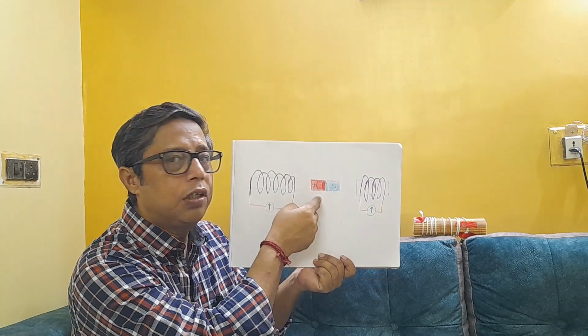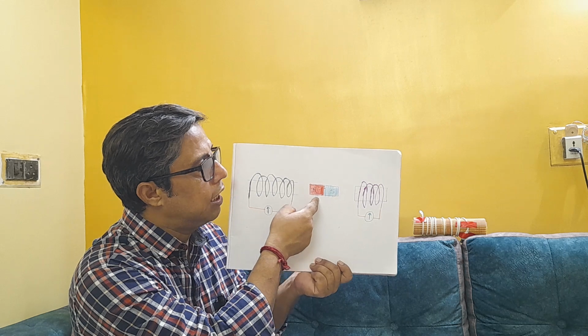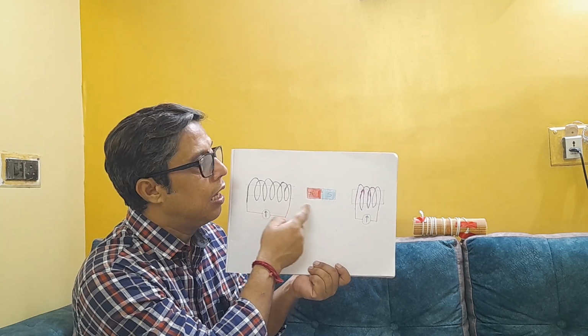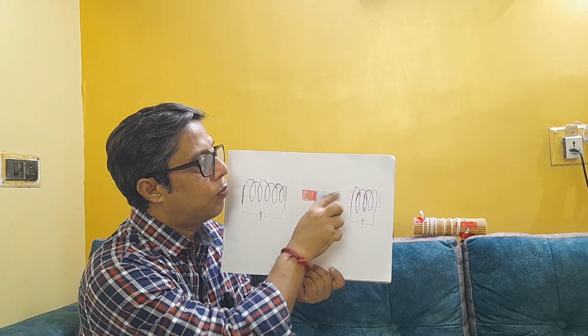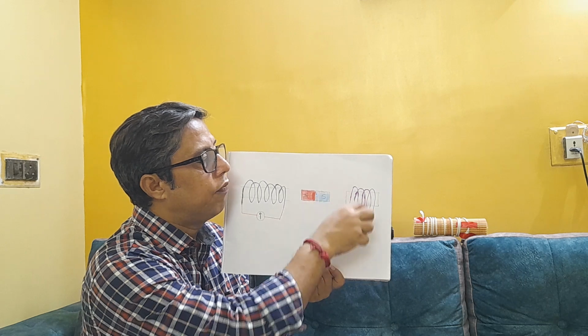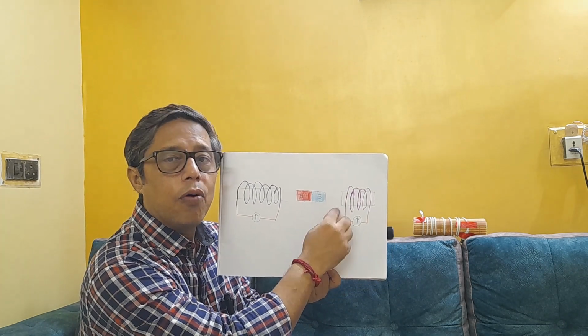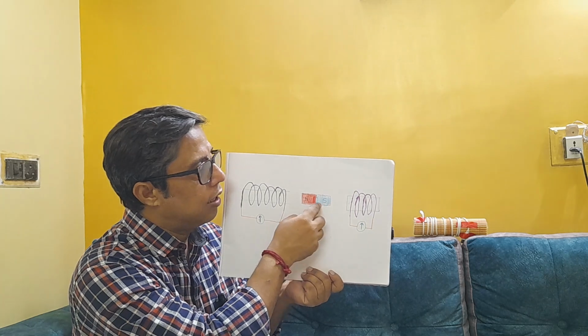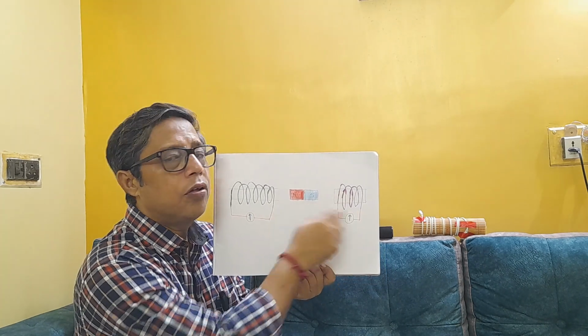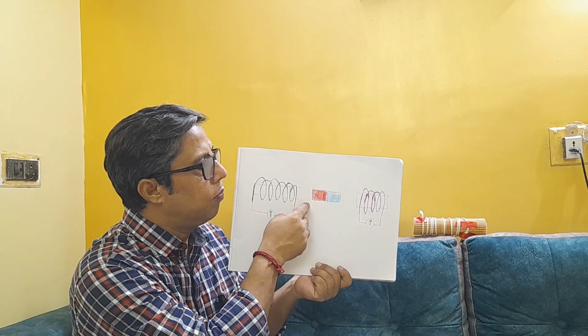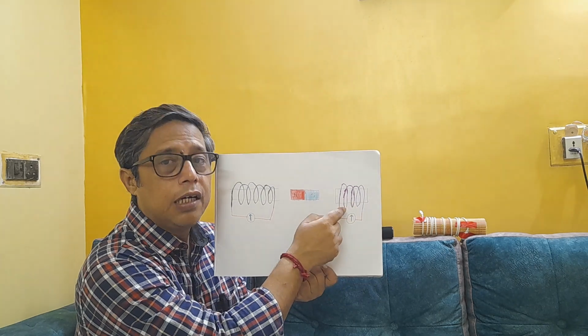The same happens for this coil, because when this magnet is approaching, there is a change in exposure in this coil. Similarly, the magnetic field and magnetic flux are exposed in this nearby coil also. So when this magnet is coming this side, there will also be a change in flux. The flux will be increasing here and decreasing here.